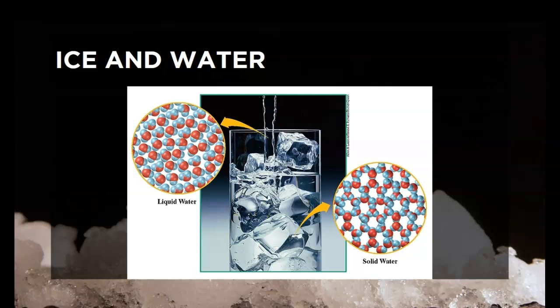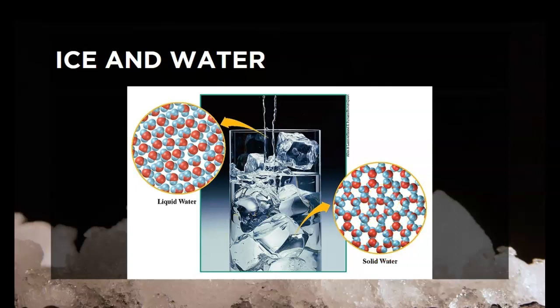You see that hexagonal shape because the positive ends of the water molecule are wanting to attach to the negative ends of other water molecules, and you build kind of like a unit cell that multiplies across as it forms that crystal shape.